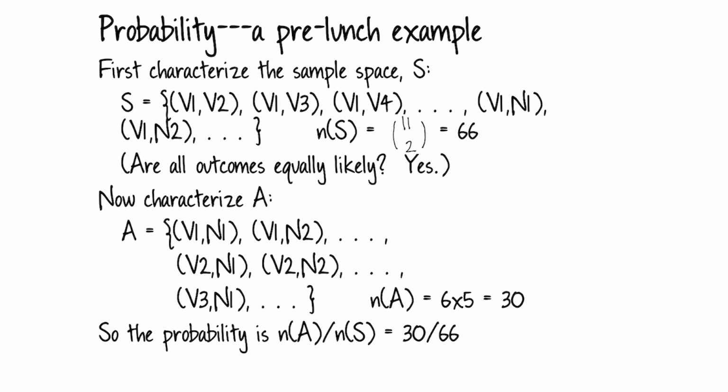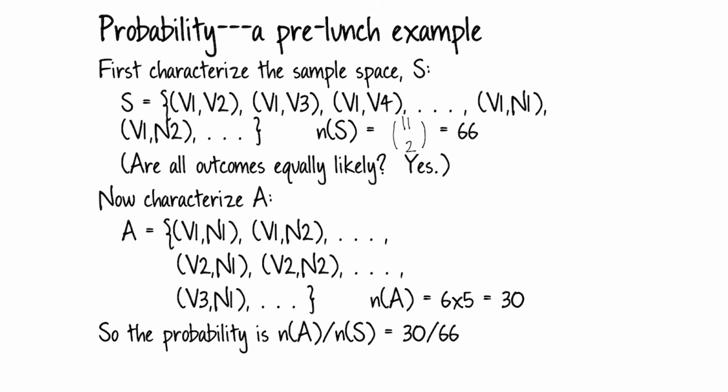So the idea is, first of all, we have to count the number of different possibilities in the sample space, and that's going to be 11 choose 2, okay? And then the number of possibilities of 1 vegetarian and 1 non-vegetarian topping. We have 6 vegetarian and 5 non-vegetarian, sorry, I had it the wrong way around.